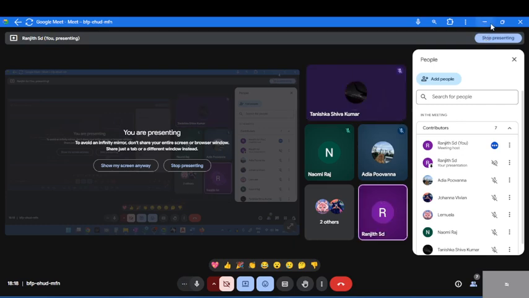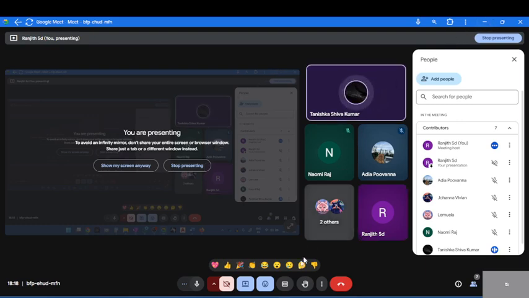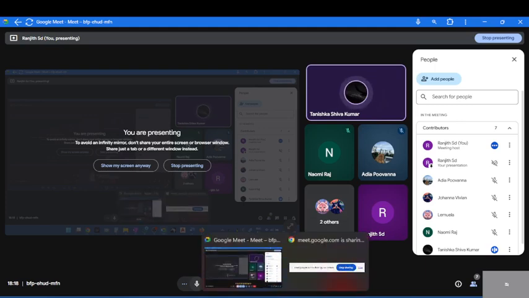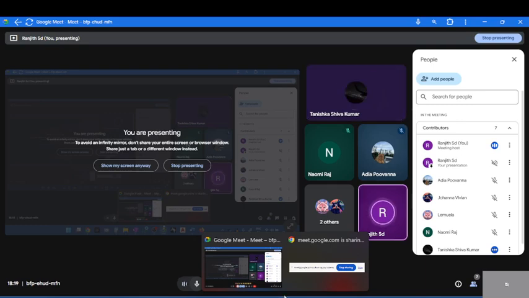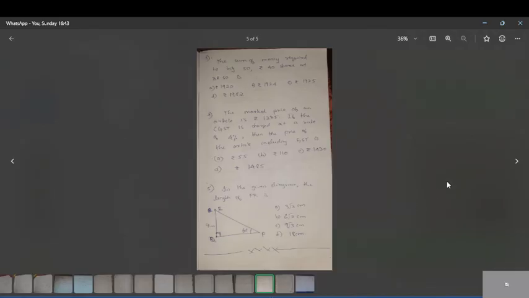Oh, without teaching, how did you solve it, Tanishka? Okay. A plus C, you'll get a value. That is normal addition. Then how did you multiply? See, last week I didn't teach you, right?